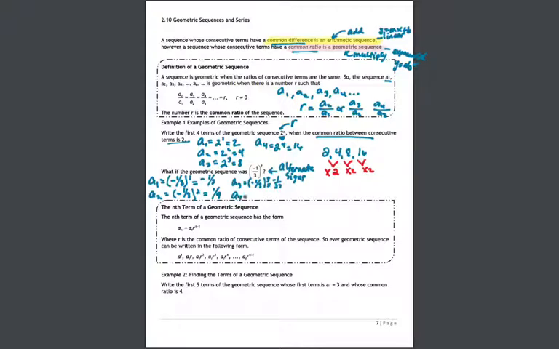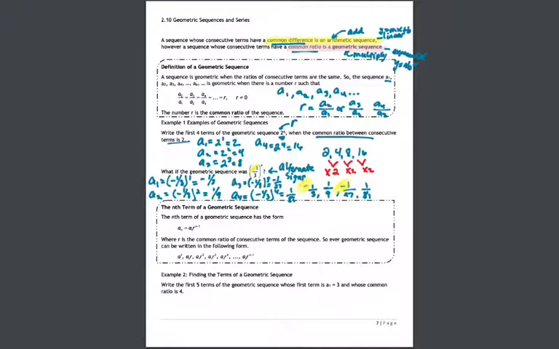And then a4 would be a negative 1/3 to the fourth power, so a positive 1/81. So your four terms would be a negative 1/3, 1/9, a negative 1/27, and a positive 1/81. Hopefully you notice here that the sign has changed every other one. So anytime you see a sequence where that's happening, you know that you probably have a negative value inside getting raised to a power to make that happen.